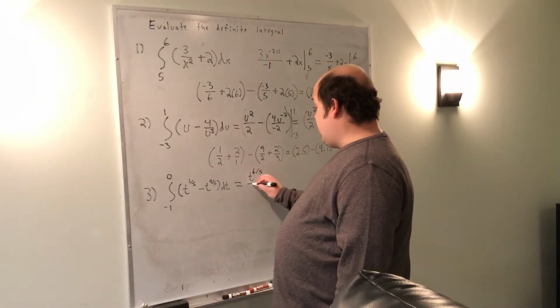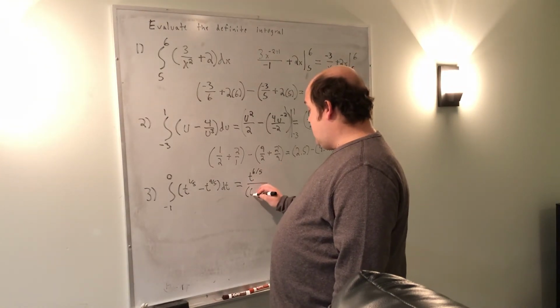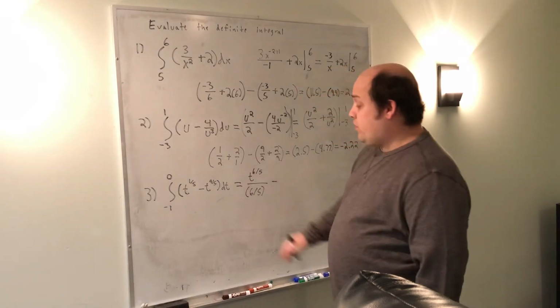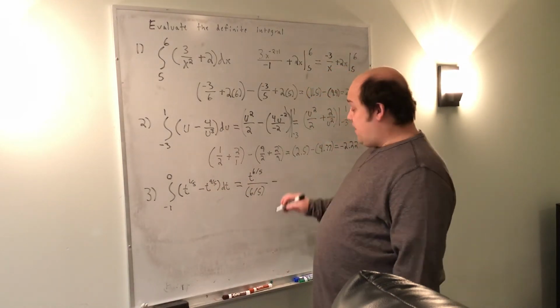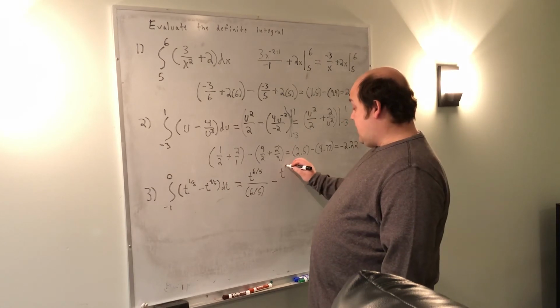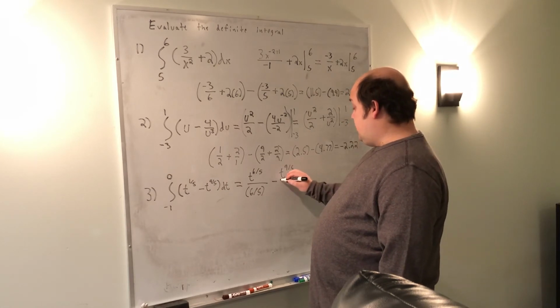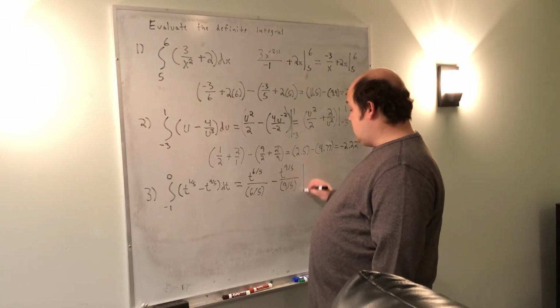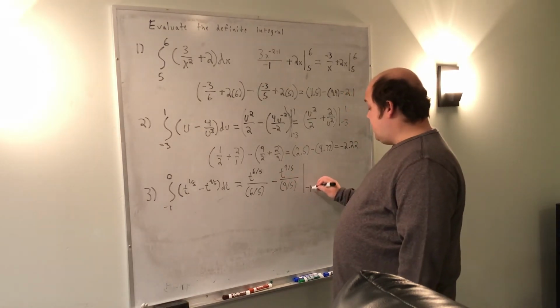Whatever the new exponent is what I divide by. So this is being divided by 6/5. Minus, when I start with 4/5 and I add 5/5 to that, I get 9/5, which means I also divide by 9/5. This is all being evaluated from negative 1 to 0.